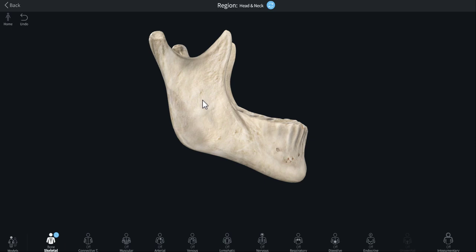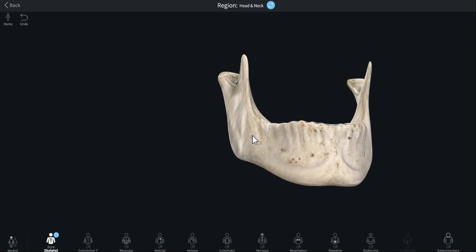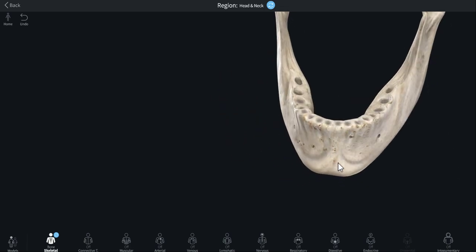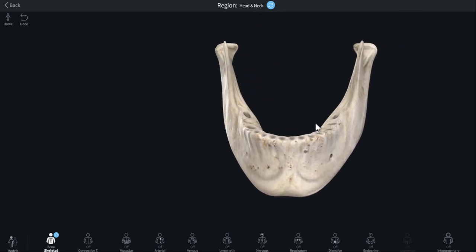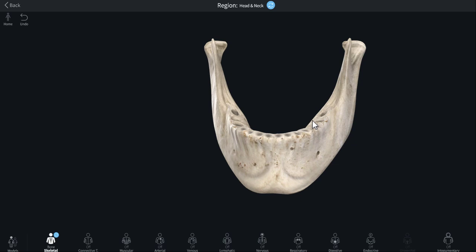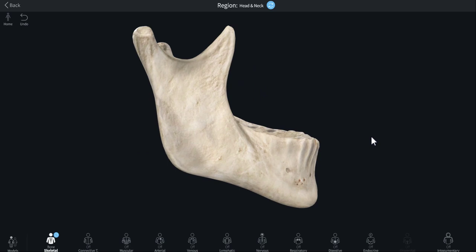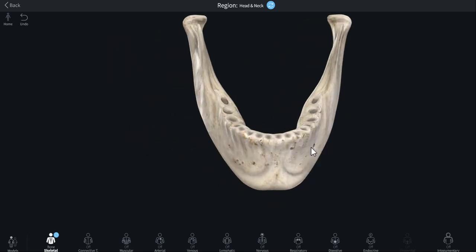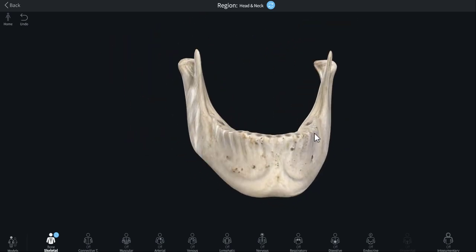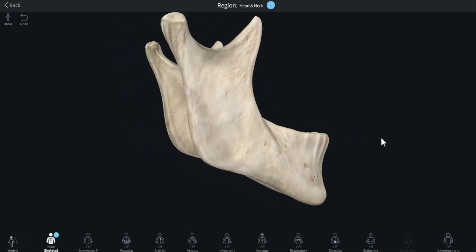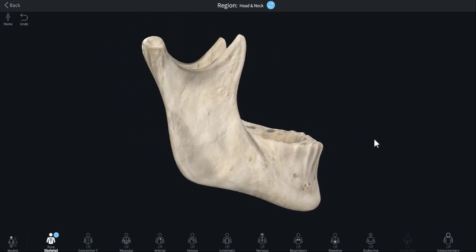Why? Because pretty much everything is very symmetrical. And even more, the fact which actually counts more is that everything is very well demarcated. In many cranial bones, we will not be as lucky as we are with mandible. So it's pretty easy to understand mandible. That's why we start with it.